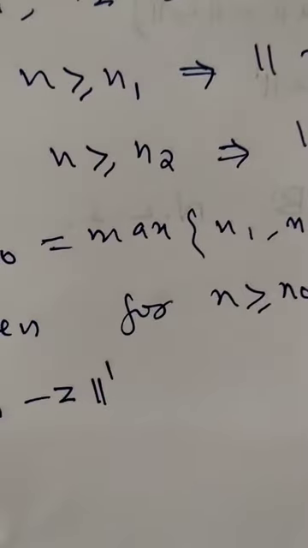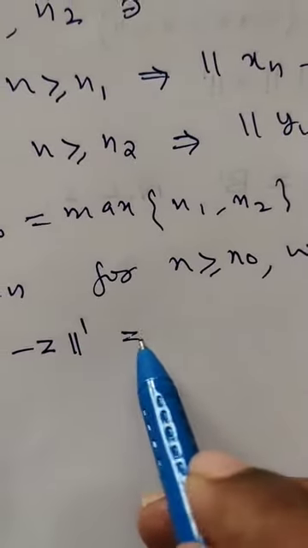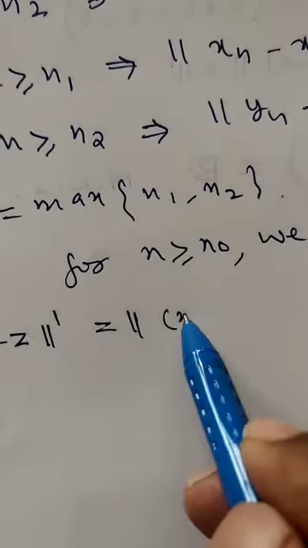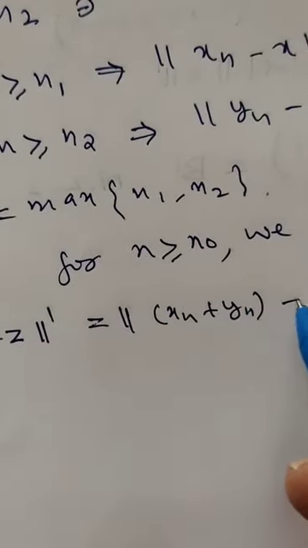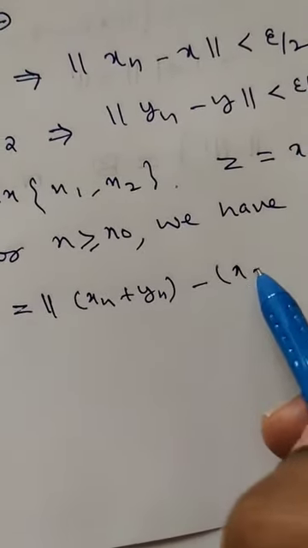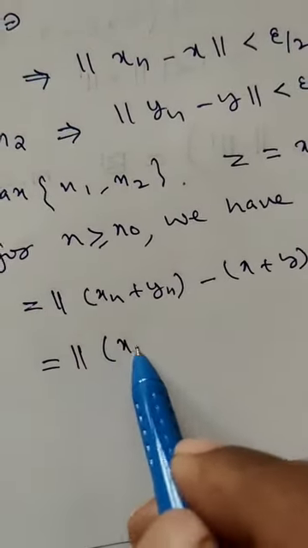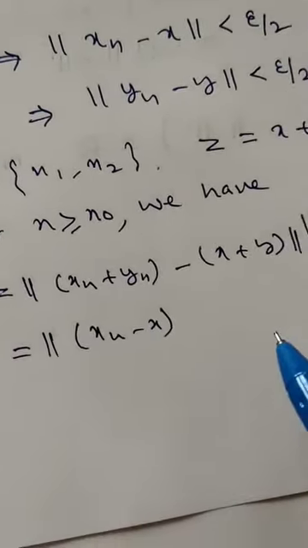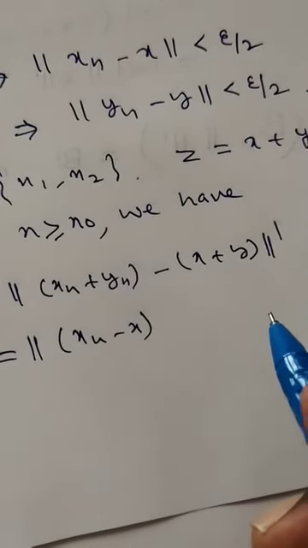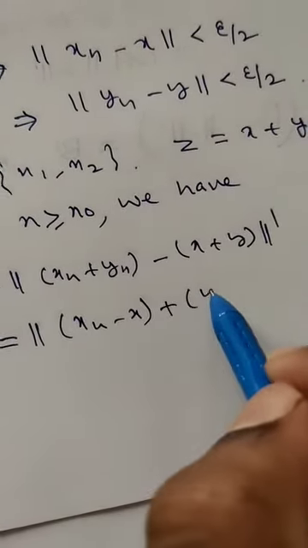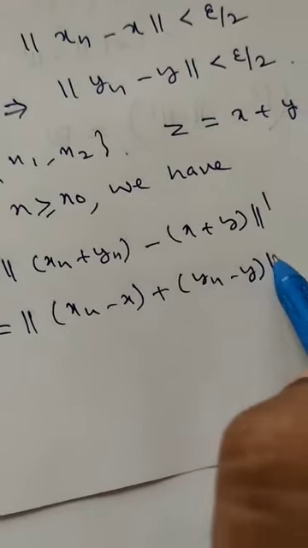Zn is Xn plus Yn, and z is x plus y. So this is equal to norm of Xn minus x, grouping the terms in terms of x and y separately, plus Yn minus y.